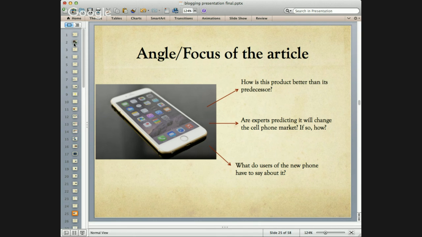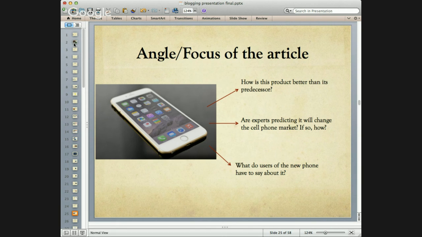So the first thing that I think is important to focus on is the angle or the focus of the article. What I mean by that is there's various ways you can choose to write any story. A simple example here: a new iPhone has been released. You could write your story around how this product is better than its predecessor. You could talk about the market and how this might change the market.